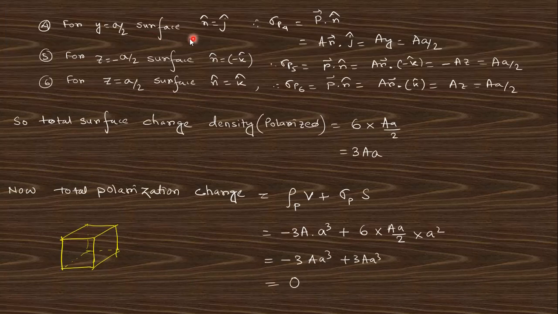In a similar fashion you get the same for y equal to a by 2, and for z equal to minus a by 2 and z equal to plus a by 2. All these values are the same. So the total value will be 6 into A a by 2, that is 3A a.